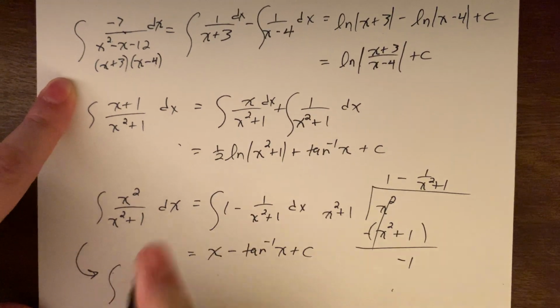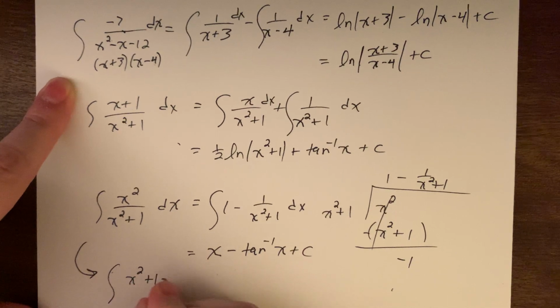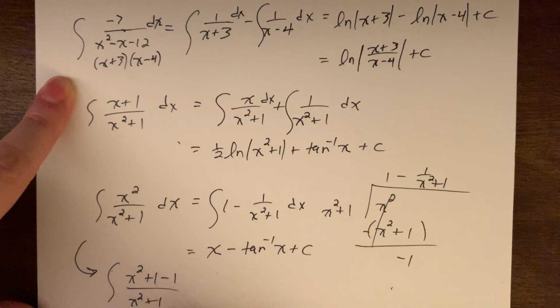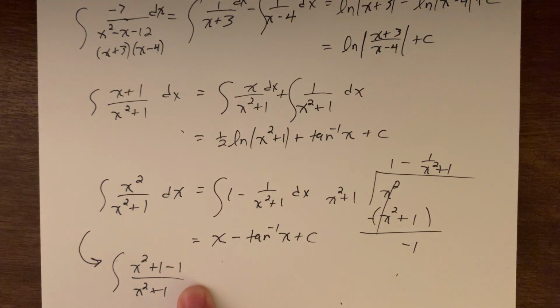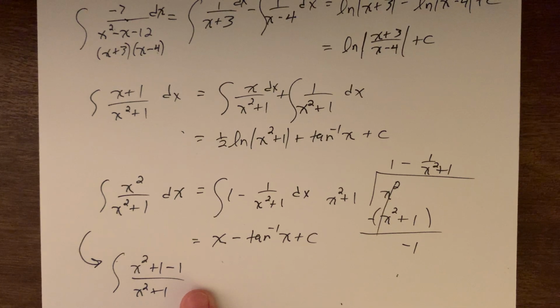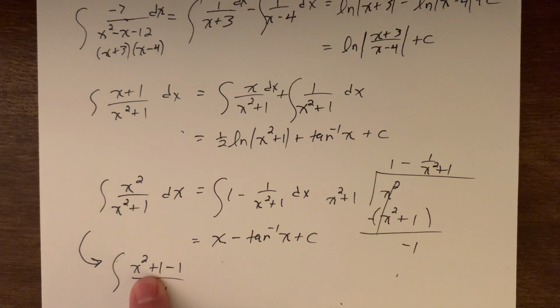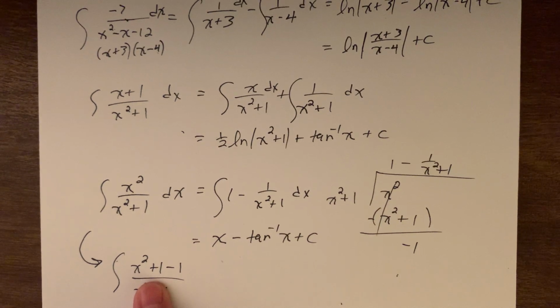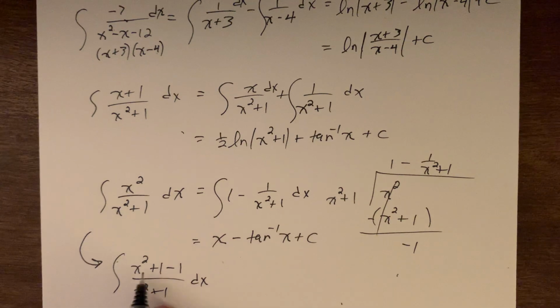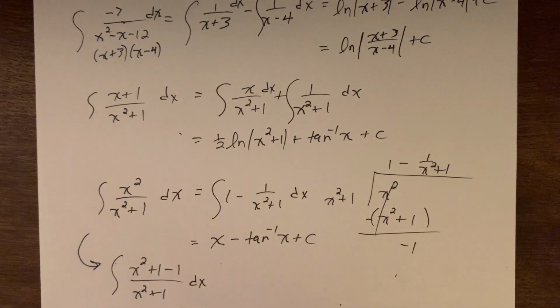What I would do is add in an extra +1 -1 in the numerator. The reason I'm doing that, again, this is a manipulation. I can't just change it. I can't just add a 1 or subtract a 5. Whatever I add or subtract, I have to keep it balanced. So just combining like terms here, yeah, the 1s would cancel and you go right back to where you started.